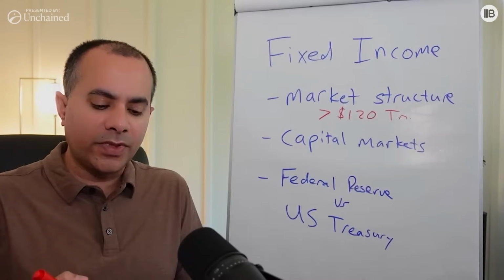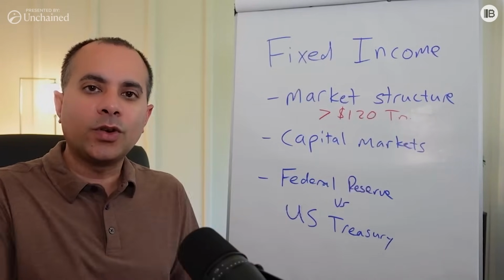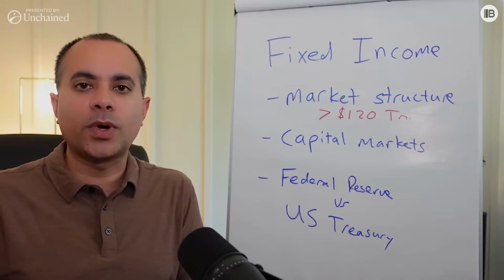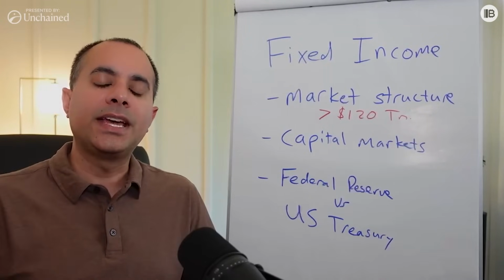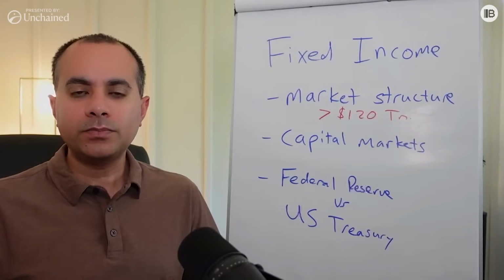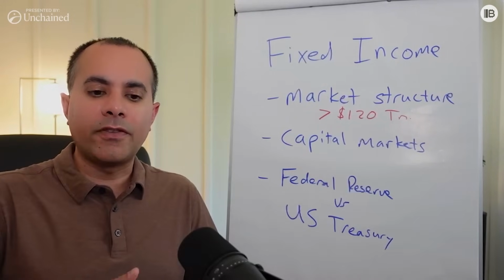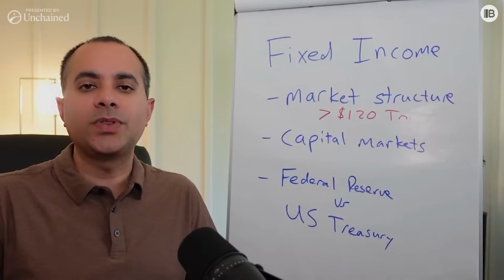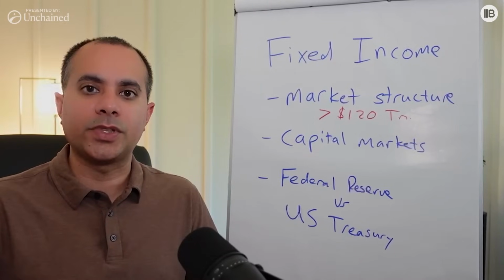These are some of the legal classifications that are required for a loan to become a security. And in the fixed income world, it's dominated by securities that fall into the SEC's regulatory requirements for fixed income securities.